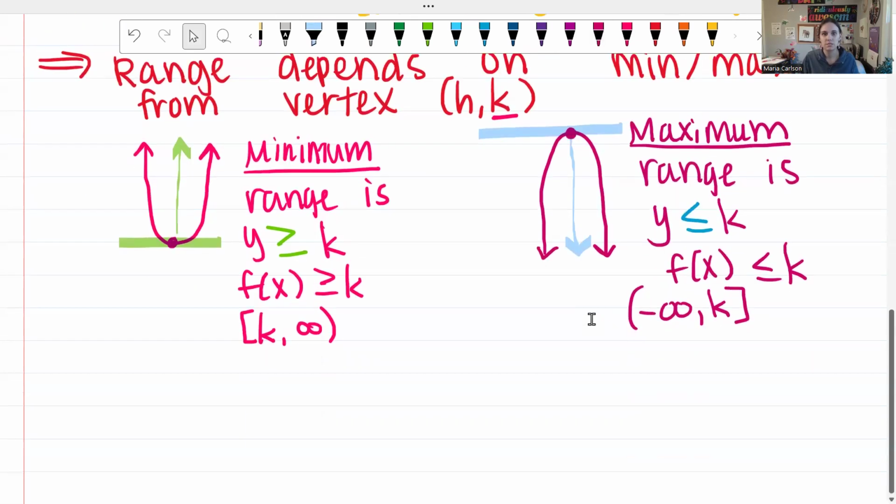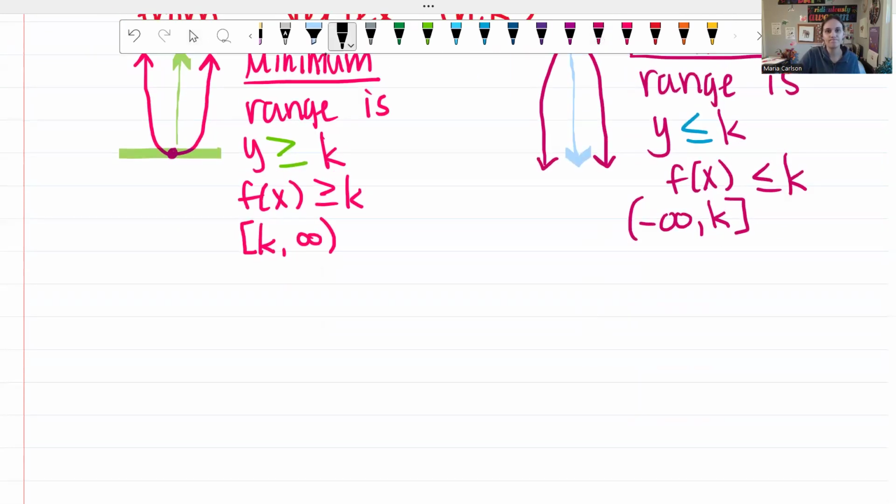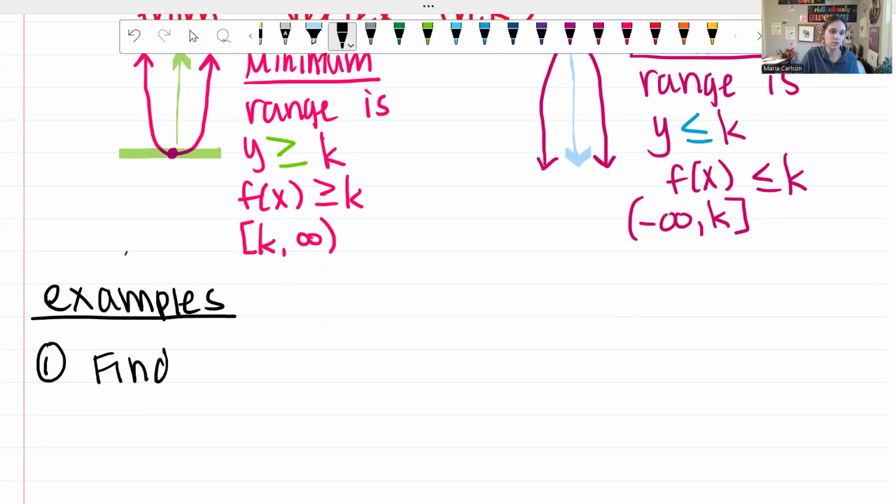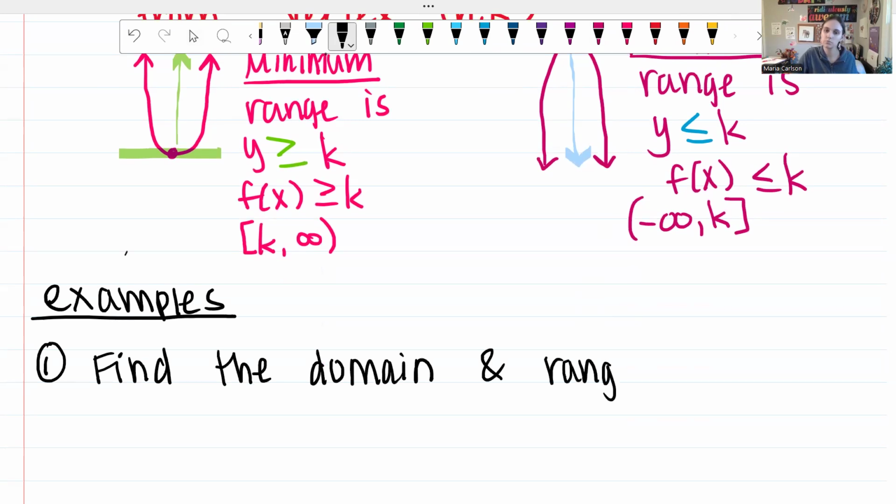Okay, so let's look at some examples. Number one, we are going to find the domain and the range of the function. And this graph is in the notes.